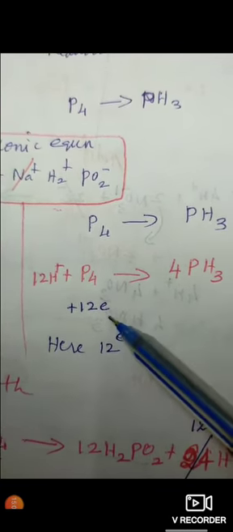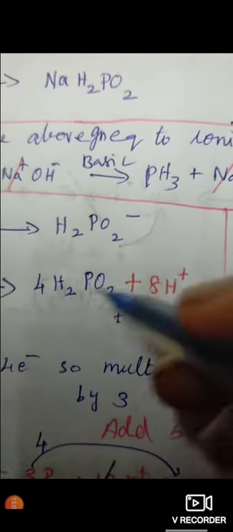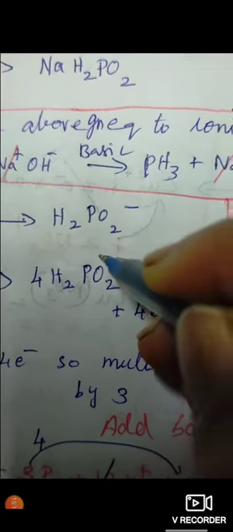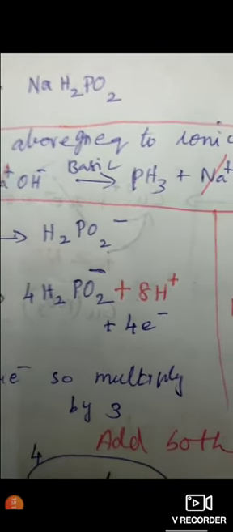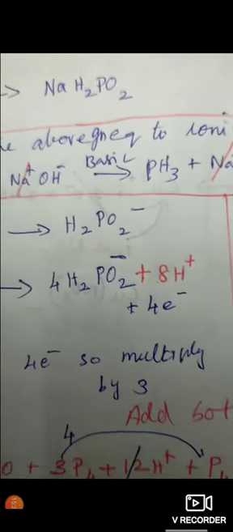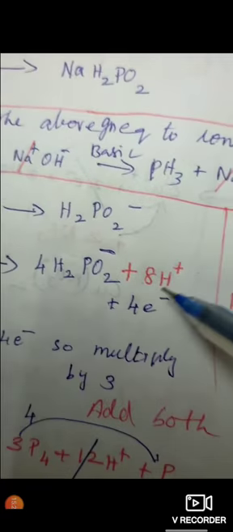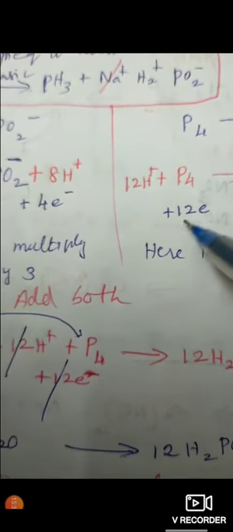Now 12 hydrogen are there, so 12 hydrogen ions, so 12 electrons. Plus 8 is there, so 4 minus. So here 4 electrons, and here 12 electrons.